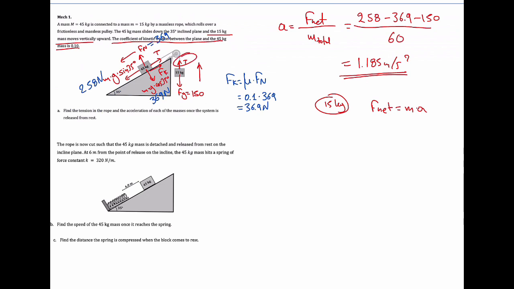The F net is the tension minus the opposing force. It is equal with 15 times 1.185, and this means that the tension is 150 plus 15 times 1.185. The result is 167.8 Newton.